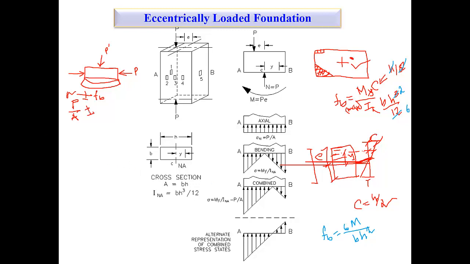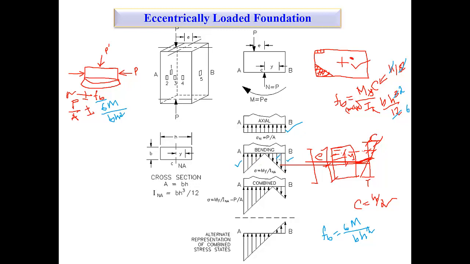So in a similar way, for the flexural stress, you can write 6M over BH square. Clear? Okay, have a look. Here we see that this portion is compression, and this portion is tension.